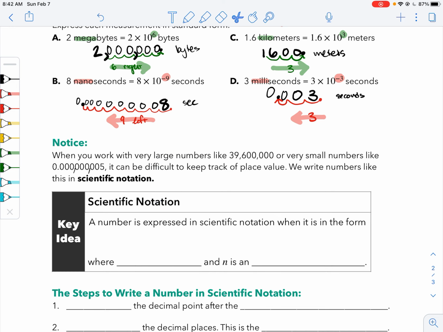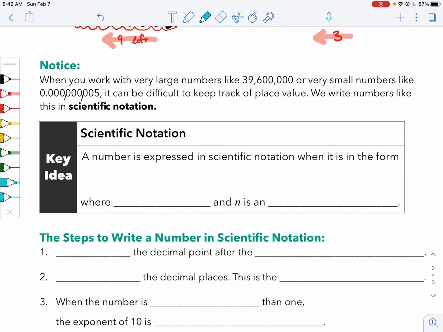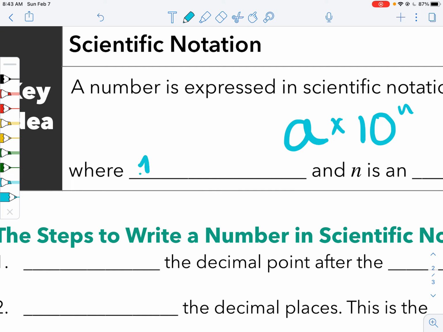So what scientific notation means is you're going to take a number and you're going to express it times 10 to the nth power. So whatever number you have, you're going to multiply it times 10 to something. Okay. So that means A needs to be between 1 and 10. It can be equal to 1, and that's great. So yay, A can be 1, but it cannot be 10.